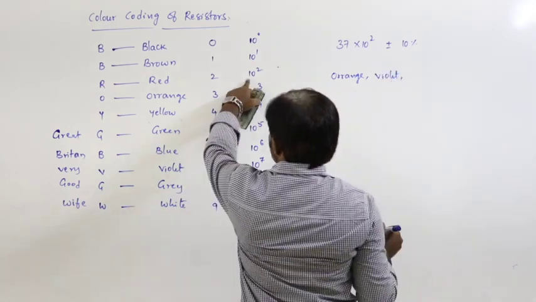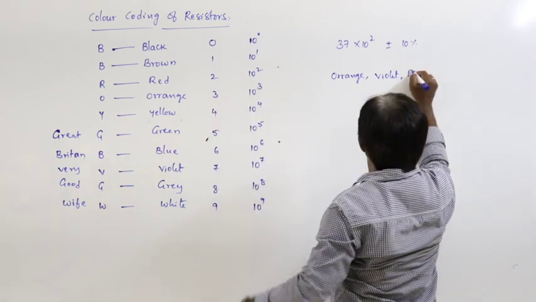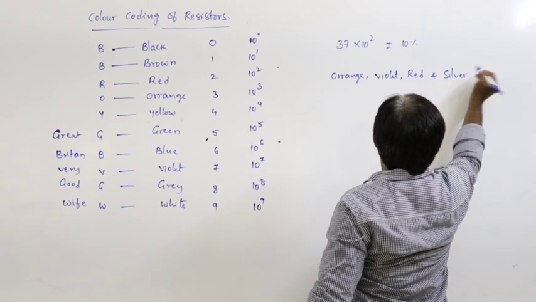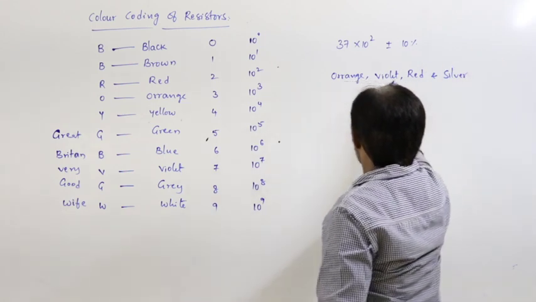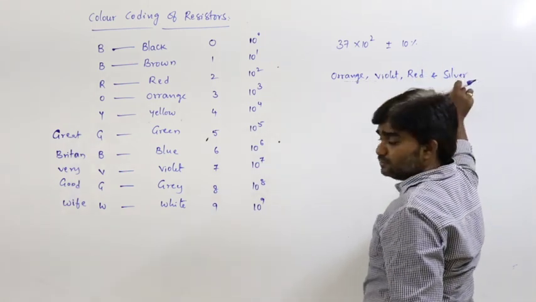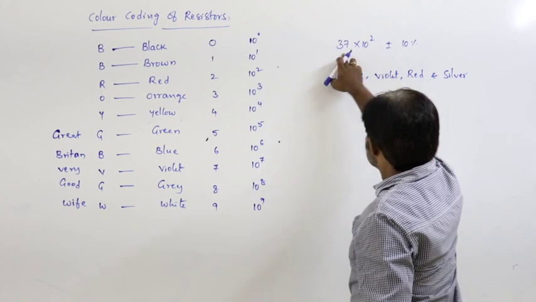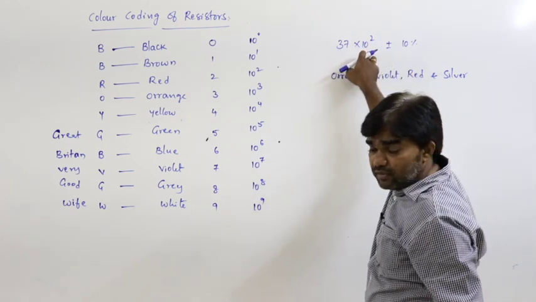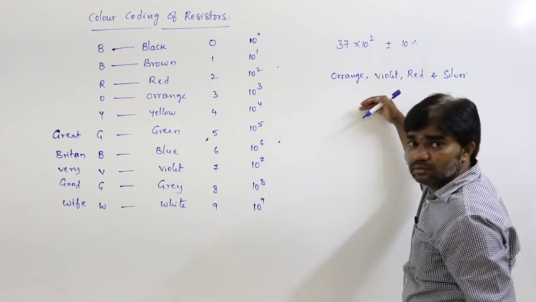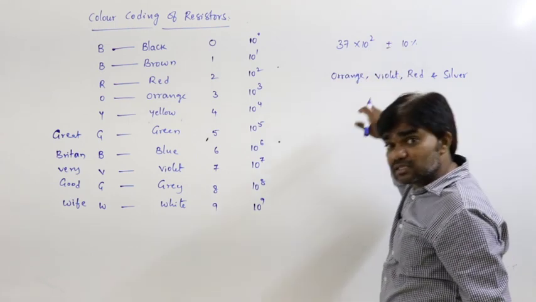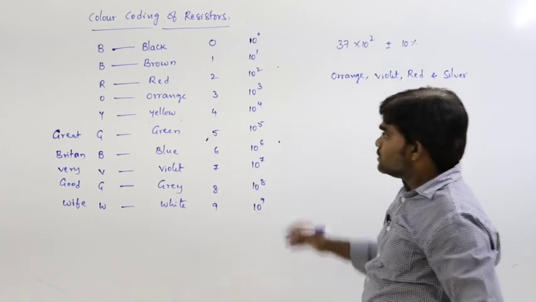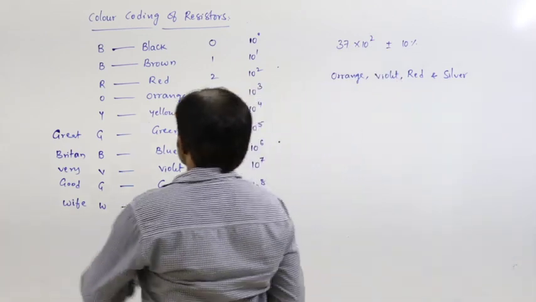Next, 10 squared, the multiplication factor, means red, and 10% means silver. Orange, violet, red, silver. If the resistance is given like this, we can find out the colors, or if the colors are mentioned, we can calculate the resistance. So this is based on color coding of resistances.